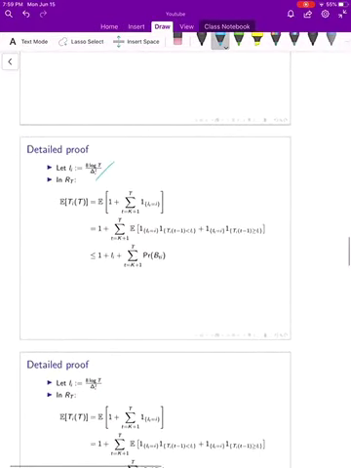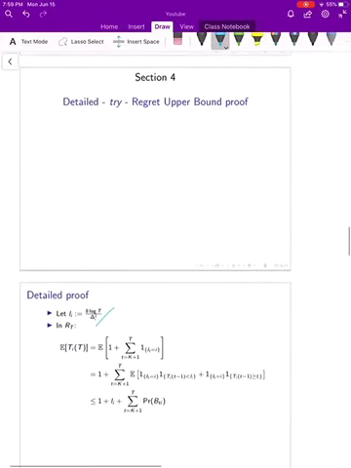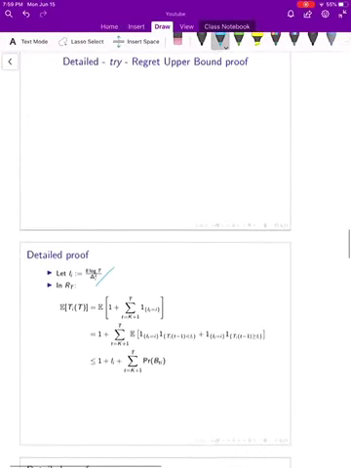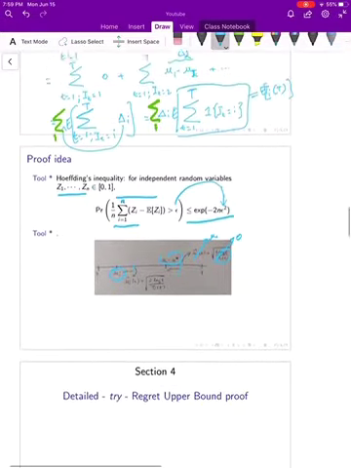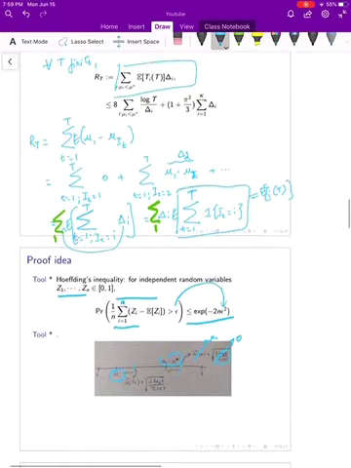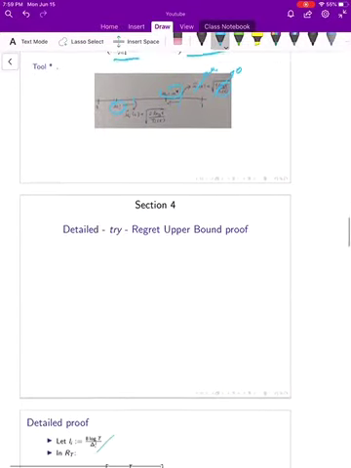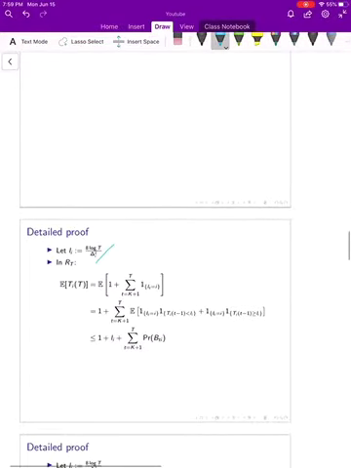So coming back to the beginning of the proof. We look at this term in RT.